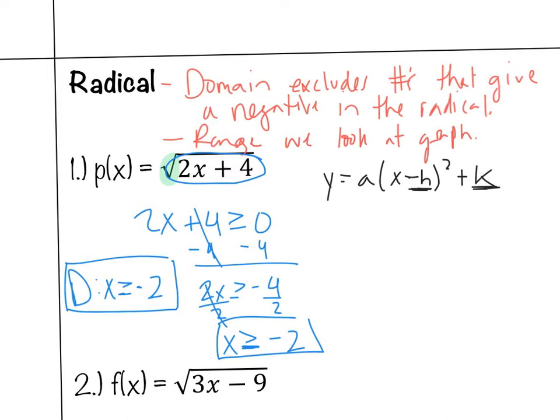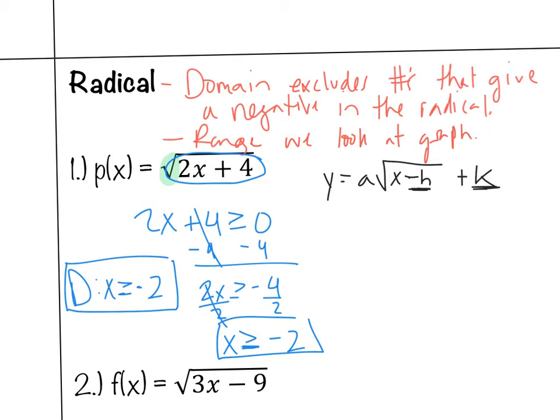Now, the same thing happens here. Instead of having the square with parentheses, the same form is in radical form if we do this.